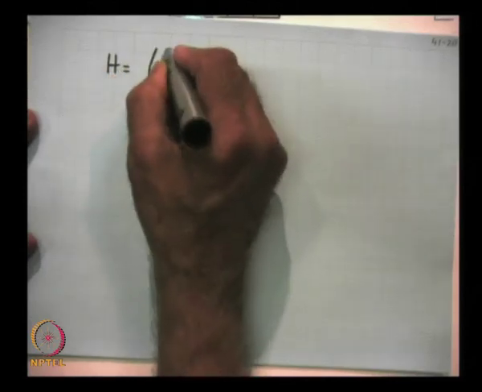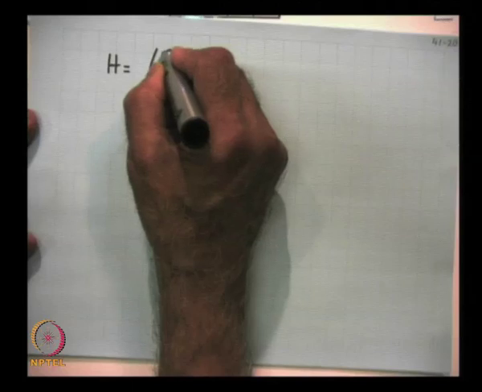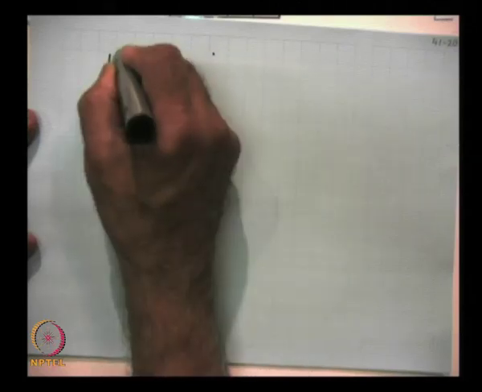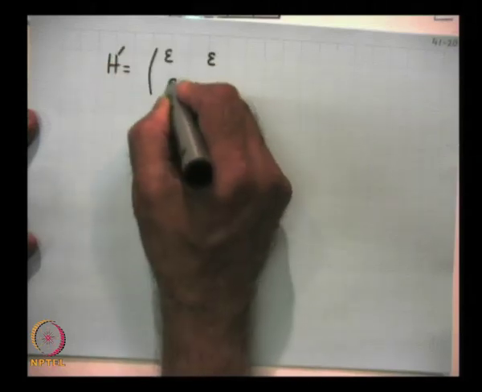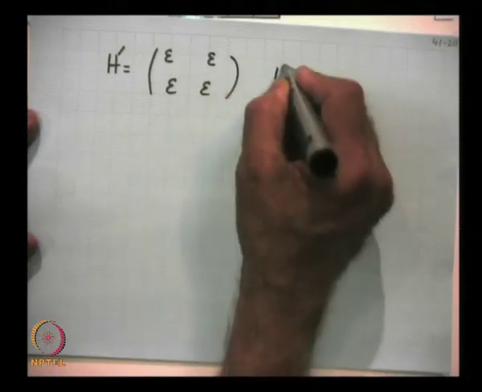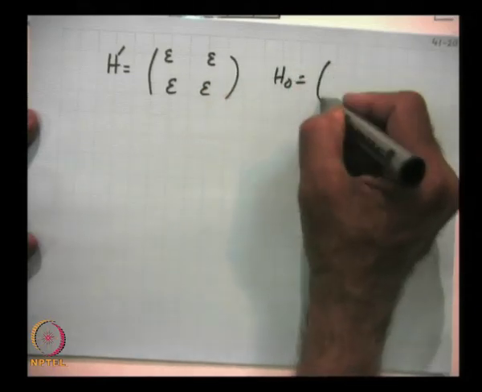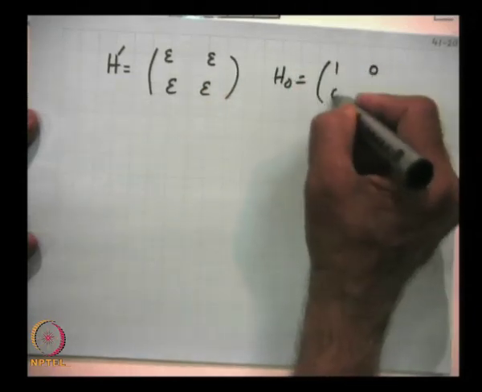Now, before I continue further, let me also mention that the total matrix H is given by H naught plus epsilon H prime. H prime was equal to this thing and H naught was equal to 1 0 0 1.